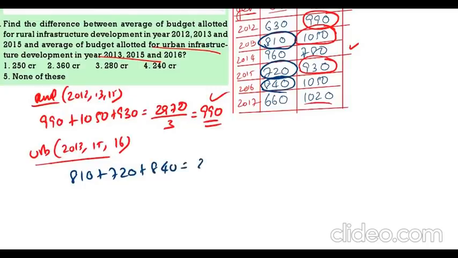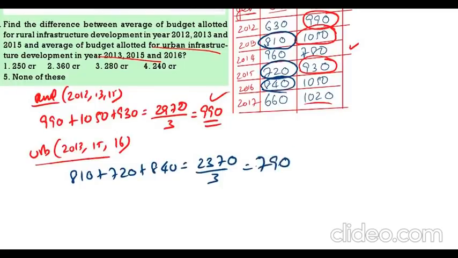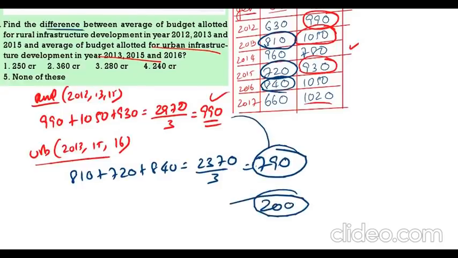Total 2370 divided by 3 is how much? 790. Now this is 990, 790. We want the difference. What is the difference? 200. 200 crores is the correct answer. None of these. Next question.